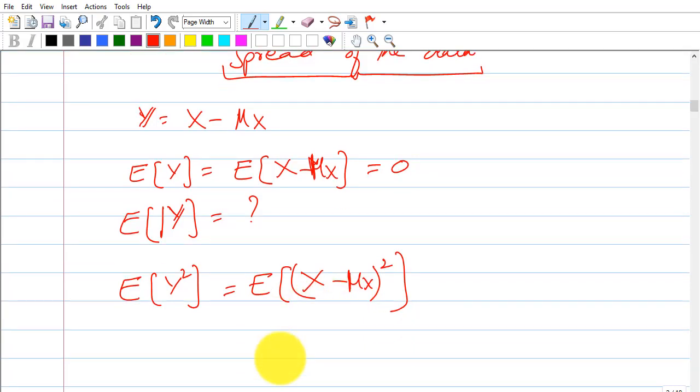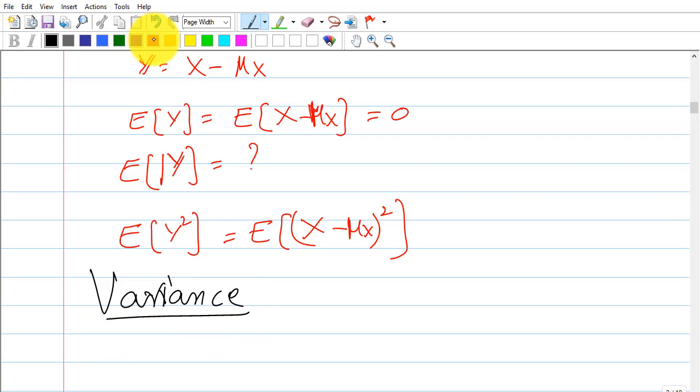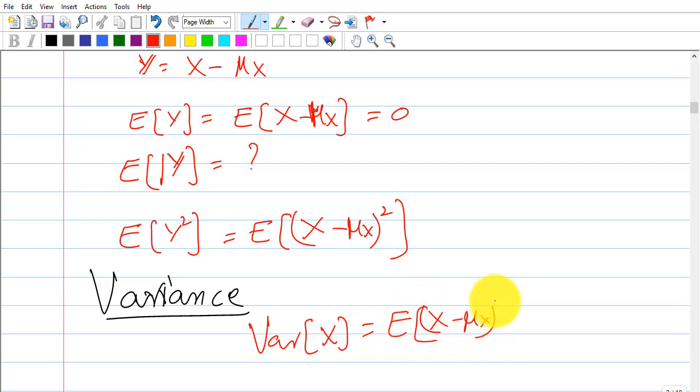We call this the variance, and we write it as VAR of x is equal to the expected value of x minus mu x whole square.